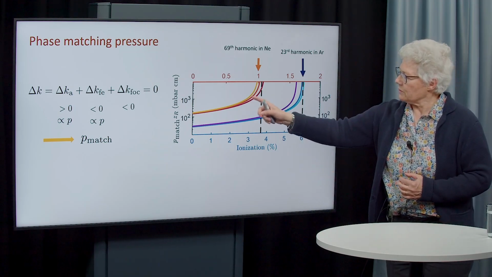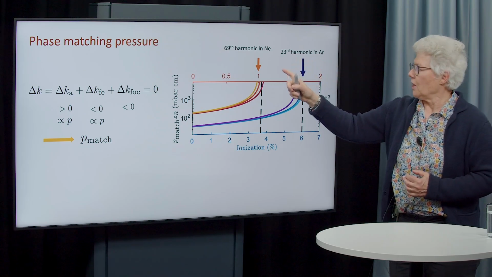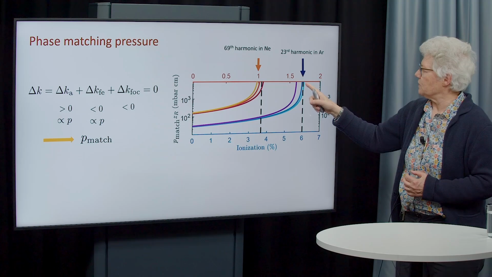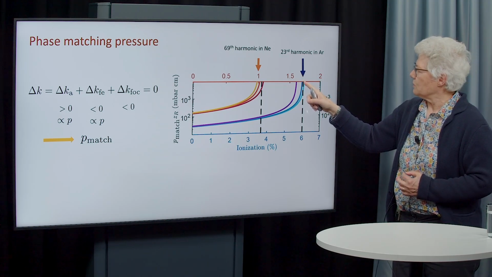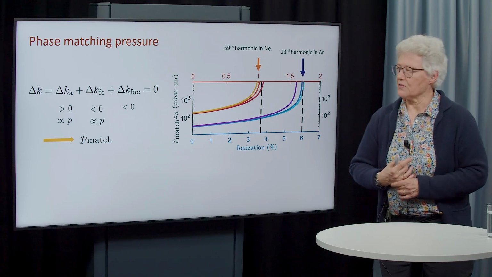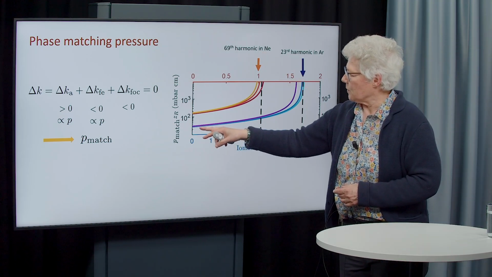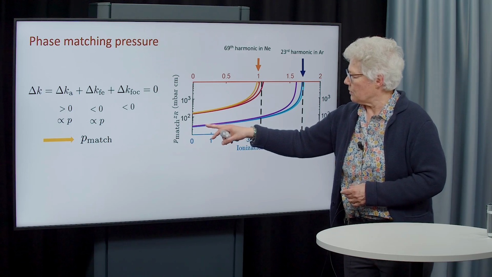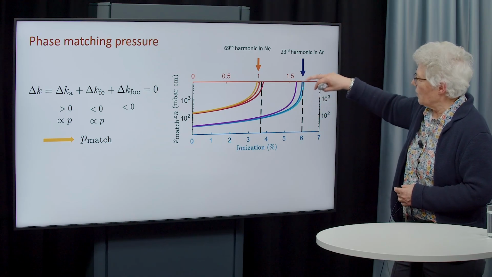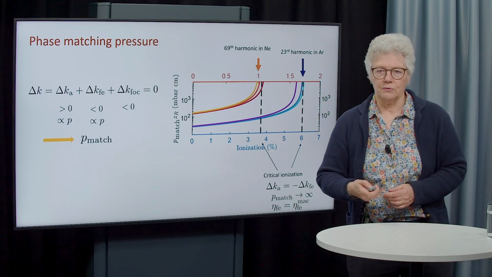So what is shown here is this phase matching pressure for 2 different gases and different harmonic orders. You have 23 and then 21, 19, and similarly around the 69th harmonic in neon. So you see that the phase matching pressure is rather constant for low ionization degree, and then it goes to infinity for a certain ionization degree.